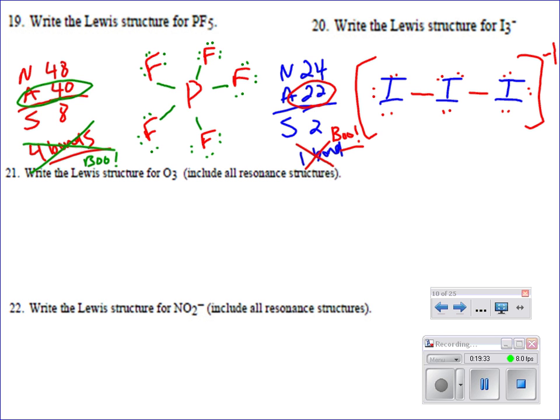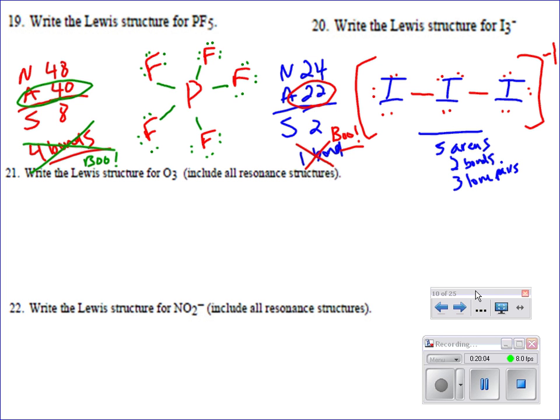Brackets, -1. So the central atom here, later we're going to have to determine areas of electron density. This central atom has 5 areas. We've got 2 bonds and 3 lone pairs. And that is an expanded valence, right? Because how many is I holding right there? 10. It's holding 10 electrons, so it's an expanded valence, hence the reason we had an exception.